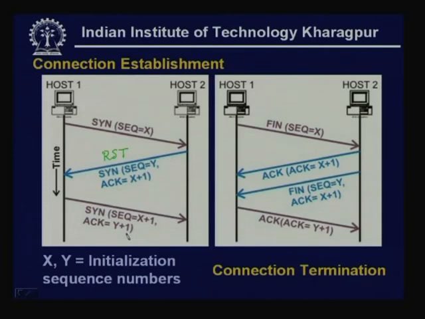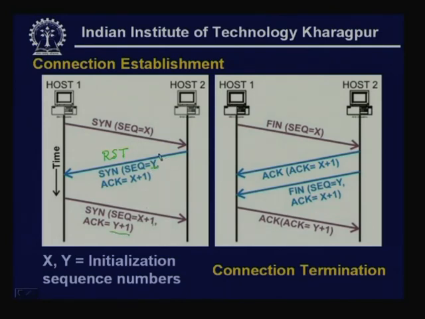to the other side, and in response to that, host 1 will send another SYN packet, which will have sequence number x plus 1. Earlier it was x, now it is x plus 1, and acknowledgement number y plus 1. So you see the sequence number was y here.